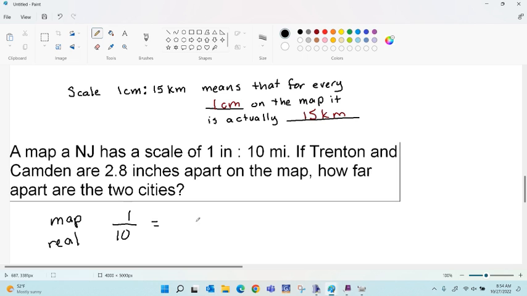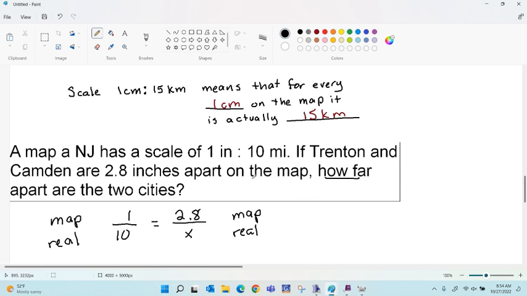If Trenton and Camden are 2.8 inches apart on the map, so where does the 2.8 go? On the top, in the numerator, 2.8, because on the map, it's 2.8. And in the denominator, we get how far apart, which would be our variable in reality.